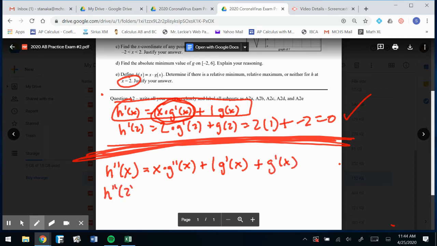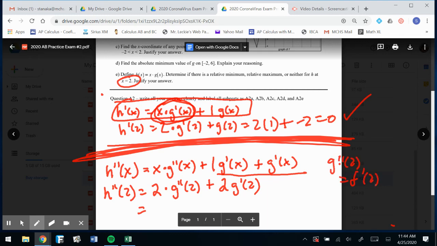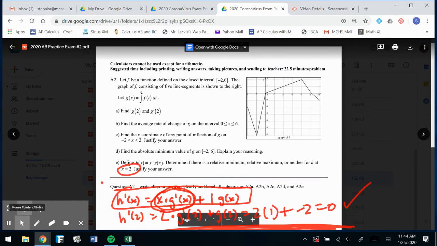So now we're going to plug in a 2. Why am I going to plug in a 2? Because remember, the second derivative tells me about concavity. So that's 2 times g double prime of 2 plus g prime of 2. Well, g double prime of 2 would be equal to f prime of 2. f prime of 2 stands for what is the slope at x equals 2?